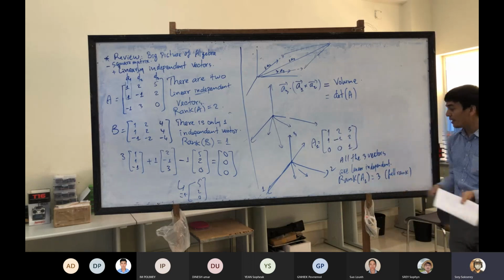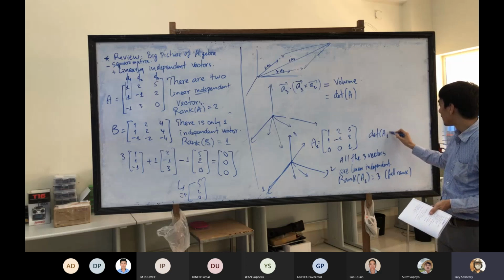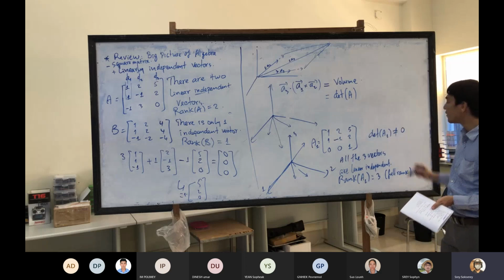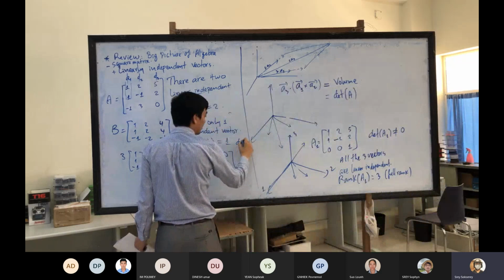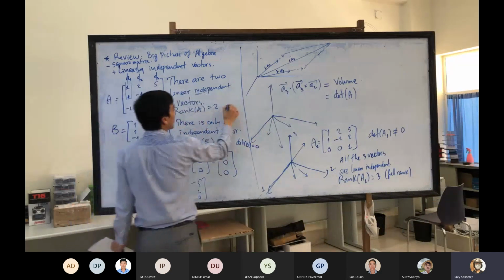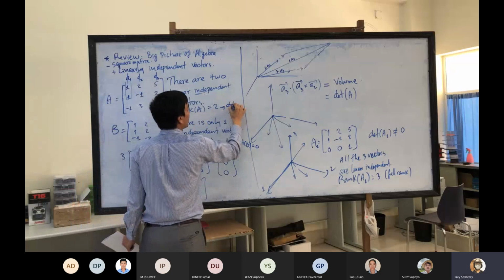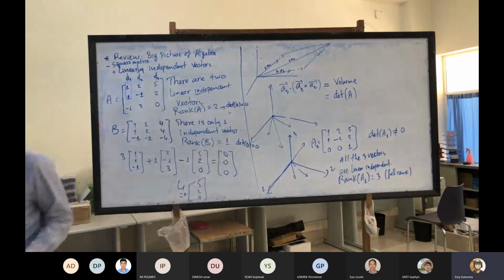Then the determinant of A1 here is not 0, different from 0. In this case, the determinant of V is equal to 0. In this case, the determinant of A equals 0.